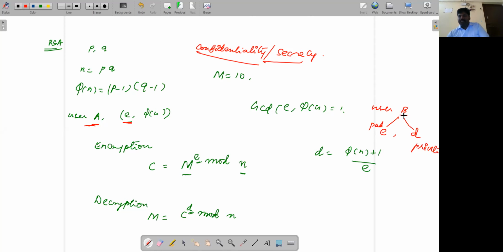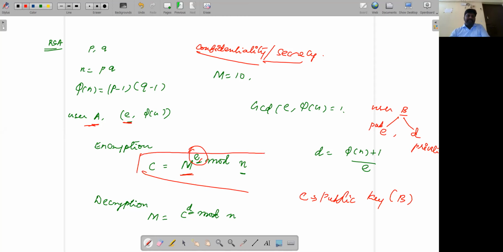So let's assume that user B's public key E has already been informed to user A. Now user A selects the data, M, the plain text, and does encryption with the public key of user B. Here E is the public key of user B. This is encrypted and we get the ciphertext.